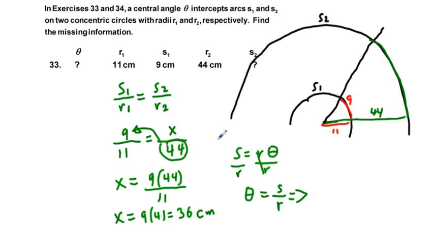S is going to be 9 over 11. So theta equals 9 over 11, and it's going to be radians.